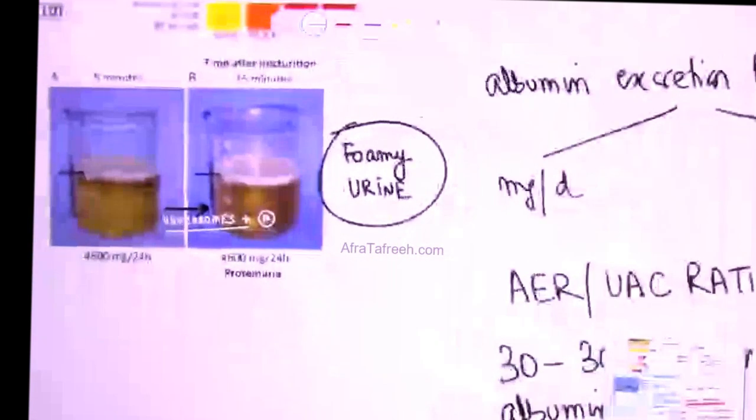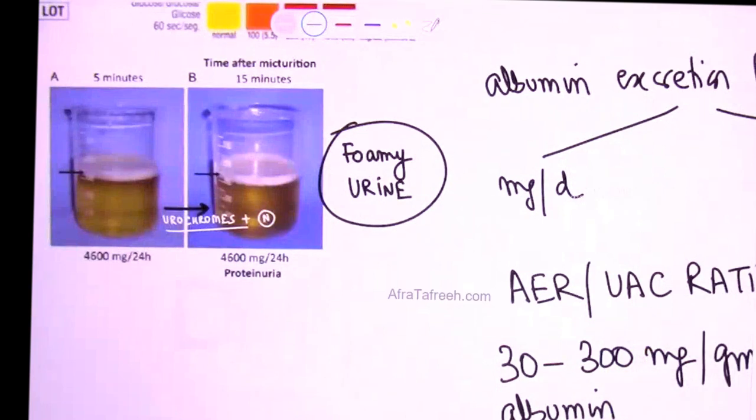And well, the mother was right; she was noticing a foamy urine, which you thought maybe was an infection, whereas it was an early presentation of minimal change disease, which is one of the common causes of nephrotic syndrome in the pediatric population. We shall now be talking about causes which are responsible for moderate increase of albuminuria.